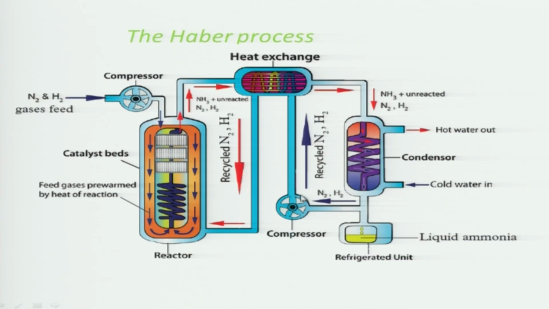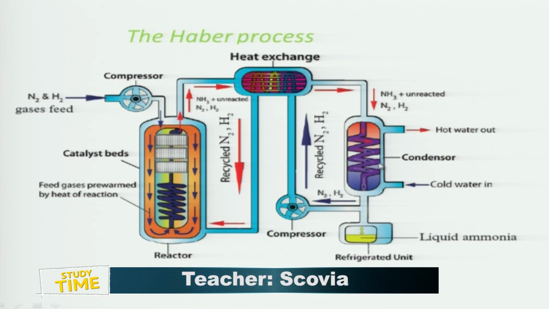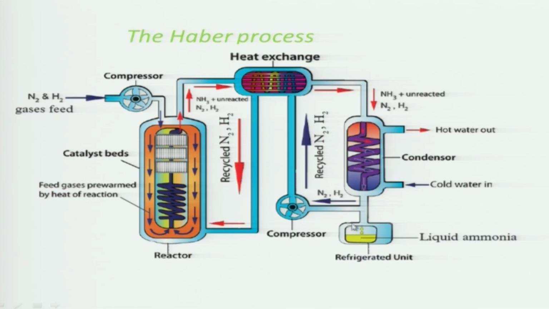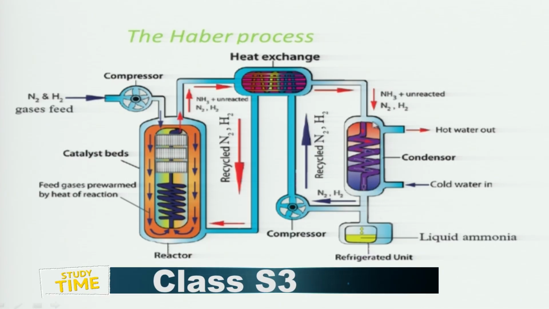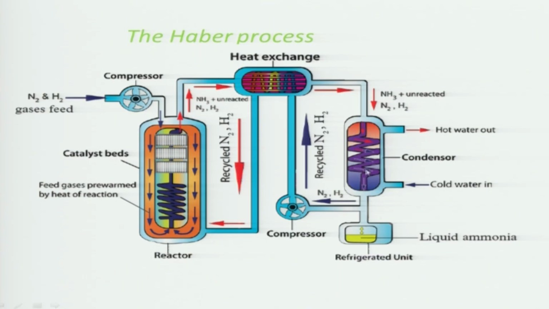recycled, you see. There is a cold water supply here to cool or condense the gas. So liquid ammonia is formed here. Because it comes in the form of vapor, it is cooled down here in a condenser, which is supplied with cold water.